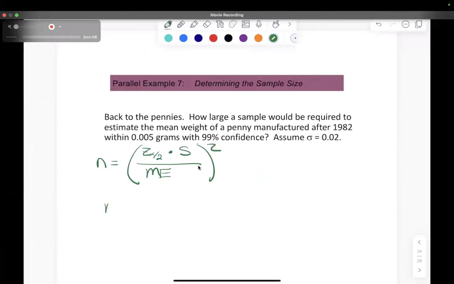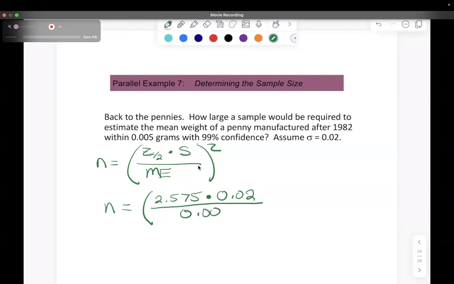So I'm going to say N equals 2.575 times 0.02, I tried to make that extra dark so it doesn't look like a decimal, over within 0.005 grams, squared. You should be able to put this whole thing into your calculator.